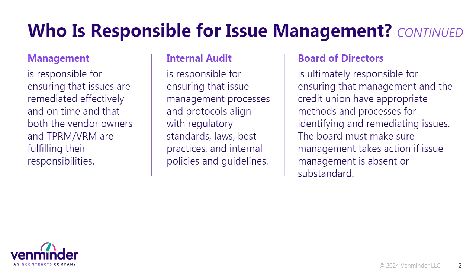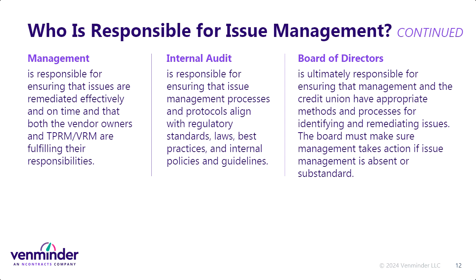So the prior three groups that I mentioned are the ones who are working actively day to day with the vendor, with the third-party risk management program, should know the status of all of the vendors and issues that arise. This group is your management group.